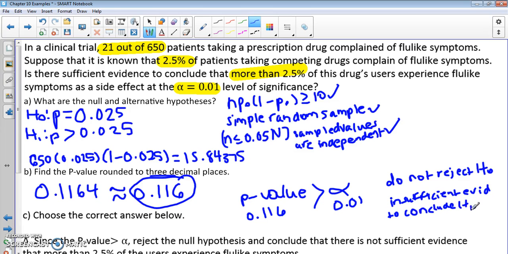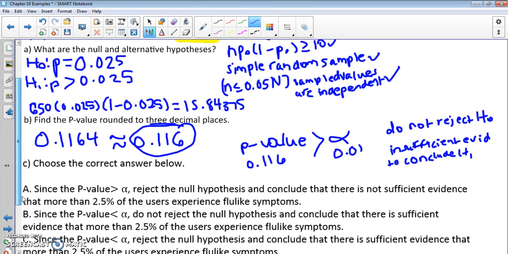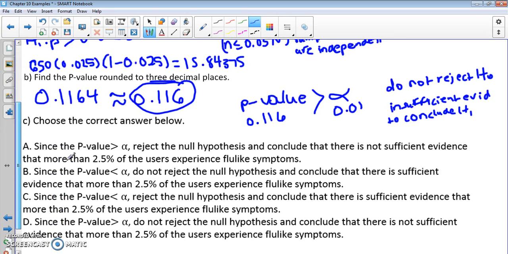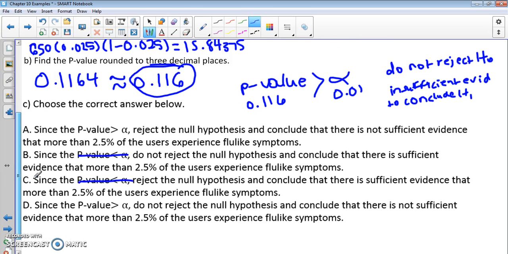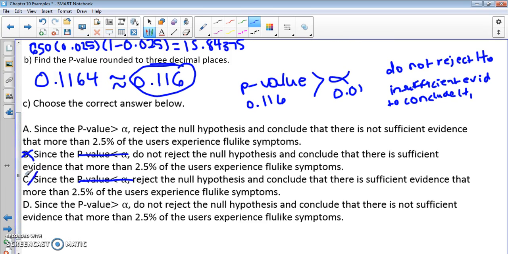So since the p-value is greater than alpha, this one's less than alpha, this one's less than alpha, so we can eliminate B and C. Then we do not reject, so do not reject, just one.